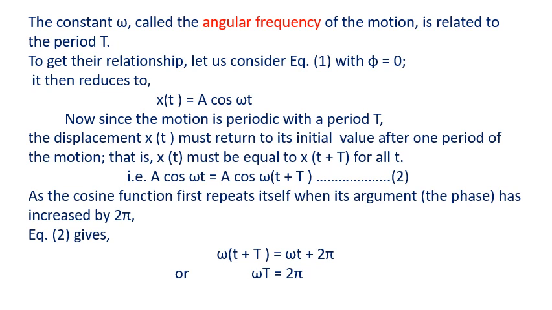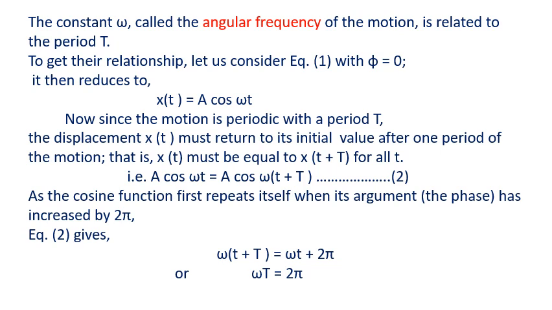The constant omega, called the angular frequency of the motion, is related to the period T. To get their relation, let us consider phi equals 0 in equation 1. So it will become x equals a cos omega t.